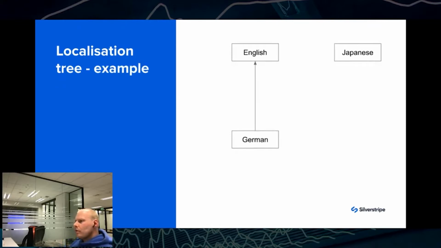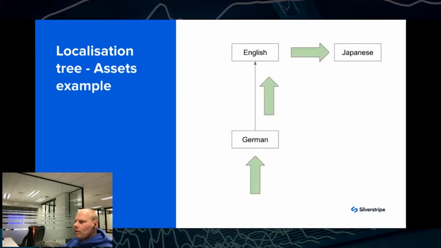So let's have a look at the localization tree and how this configuration impacts the tree. If we have a look at assets, we configured the any option. We can see the content will go through German locale first, fall back to English, and even though there is no fallback rule in the tree, if the asset is available in Japanese locale, it will be served for the German page.